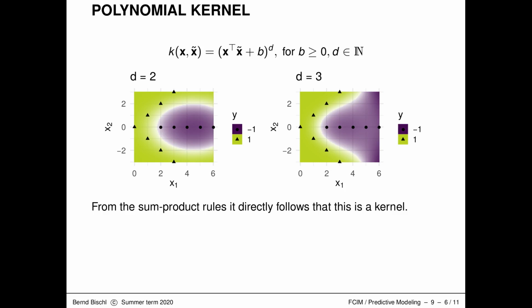And if we project back into the original space, then a dth degree kernel will result in a dth-degree polynomially shaped decision boundary. So for example, if d is 2, we obtain a quadratic decision boundary in the original input space. And if d is 3, we get a polynomial of degree 3 as the shape of our decision boundary.